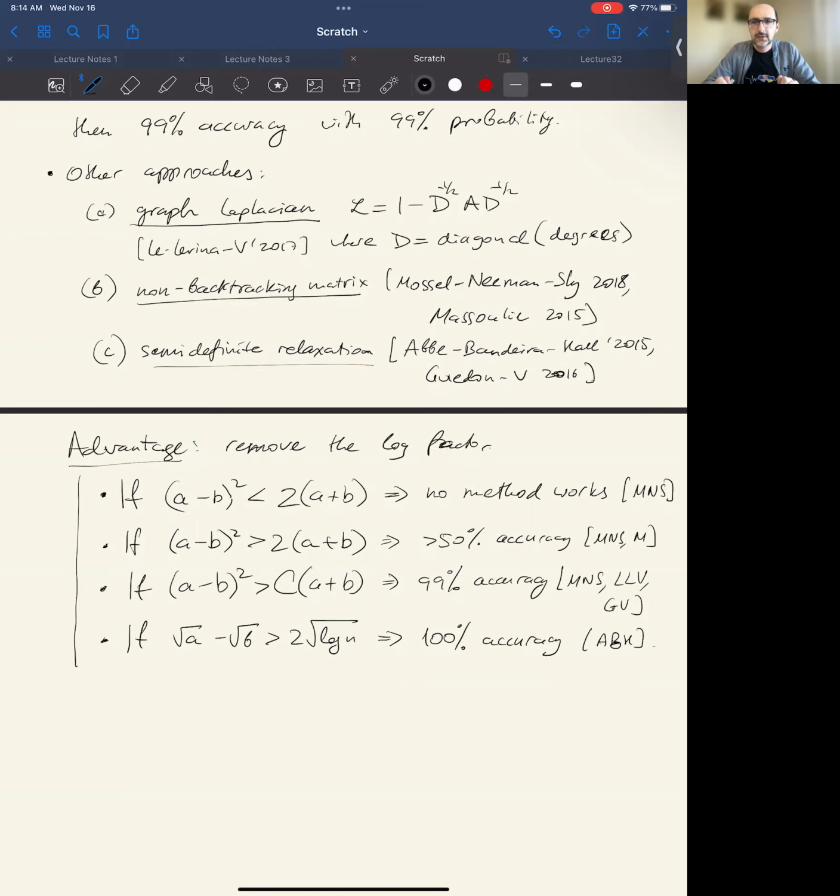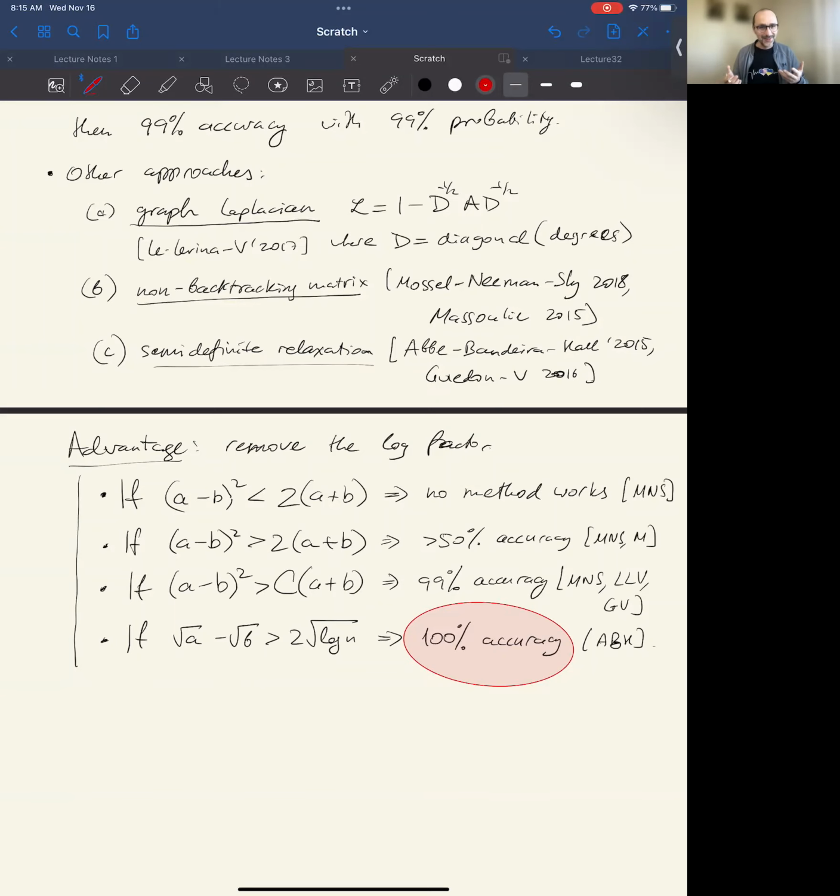Any questions? The fact that some methods in this regime work with 100% accuracy looks great, but it also indicates that the model is too simple.